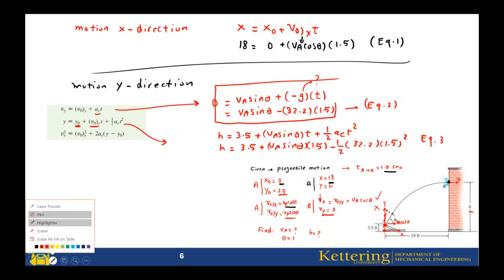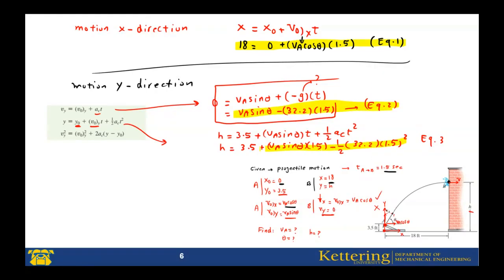I highlight the equations. Now I have 3 equations and I need to solve for 3 unknowns. You are experts in mathematics. Let me know how I can solve these 3 equations to find the 3 unknowns. Yes, do substitution.